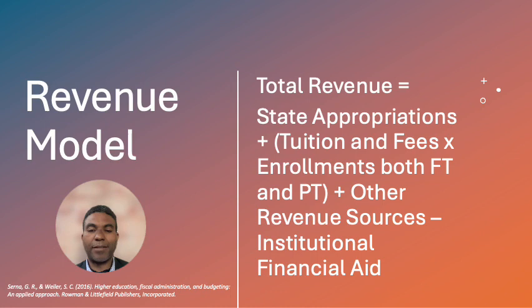Then subtract the institutional financial aid. Because it's institutional money, it's usually not actual dollars. It's usually counted as a tuition discount, scholarship, or just a discount, and that's typically taken off of the revenue as opposed to carrying it as an expense.